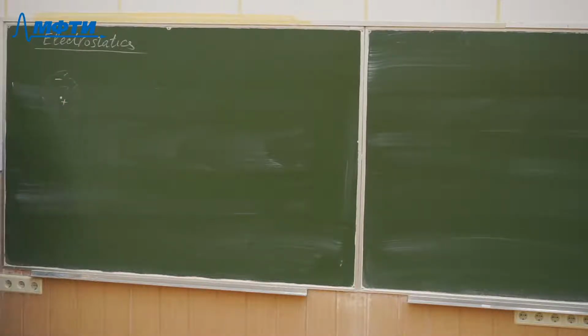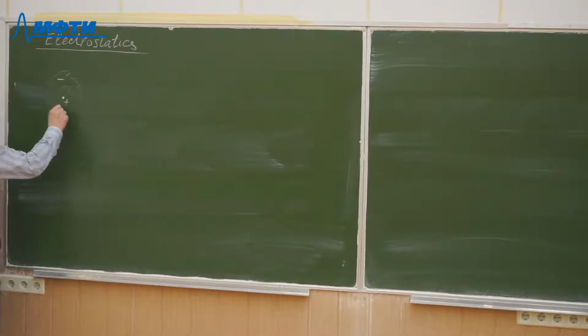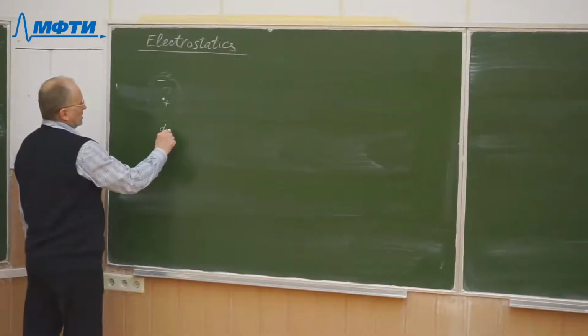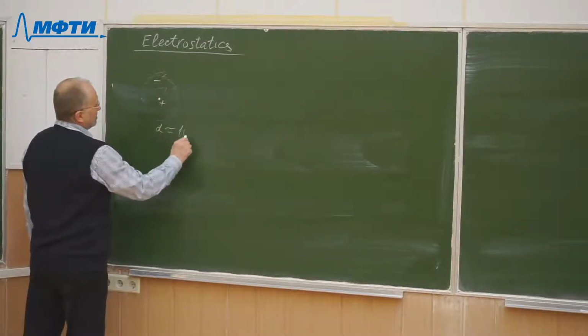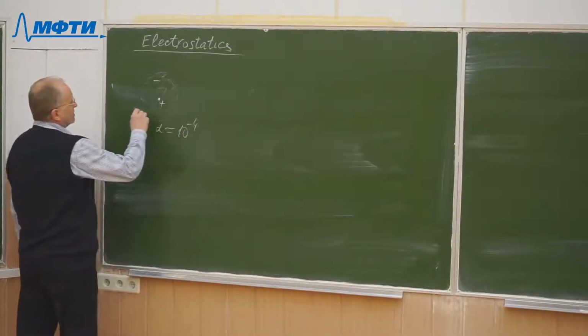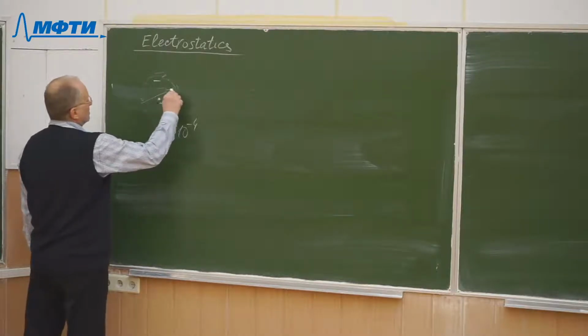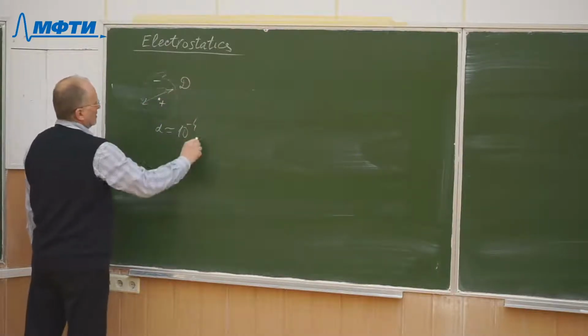The nucleus of an atom is very small. Its diameter is approximately 10,000 times smaller than the diameter of the atom itself.